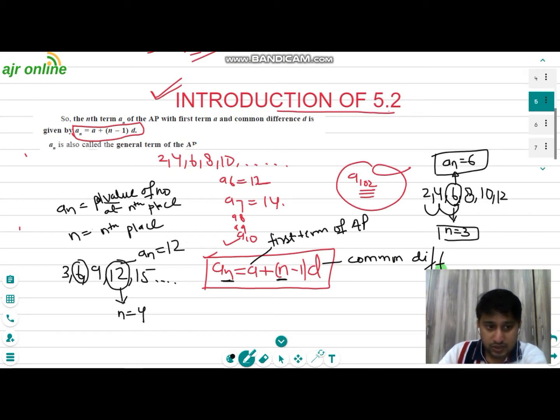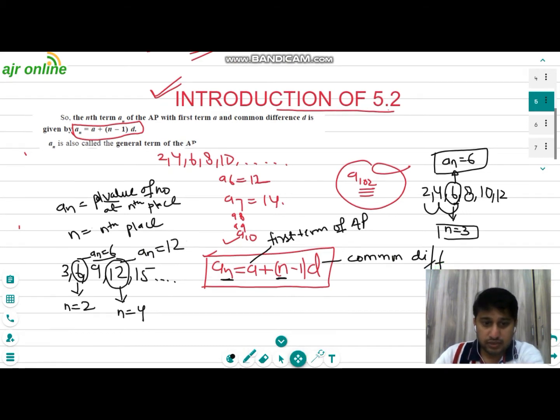Let's take this term. Its an will be 6, and its n will be 2, because it is coming at the second place, and the value at the second place is 6. So this formula is very important: an equals a plus (n minus 1) d.